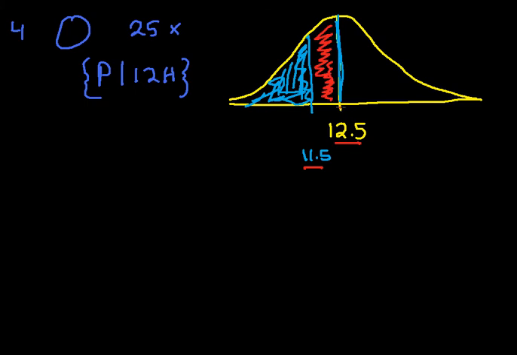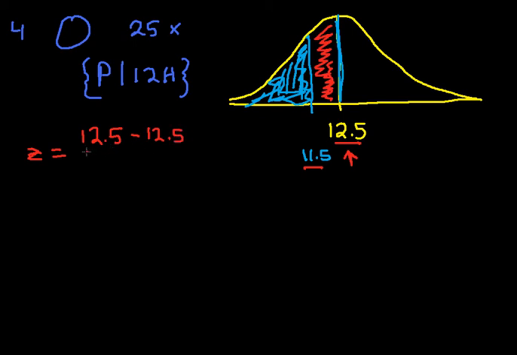Let's go ahead and standardize these things first. Our z value is equal to the observed value minus the mean, divided by the standard error. I'll show you how it works in the formula so you believe me. Your observed value is 12.5, subtract your mean value, 12.5.